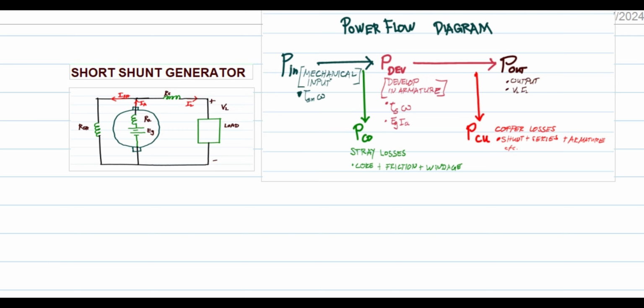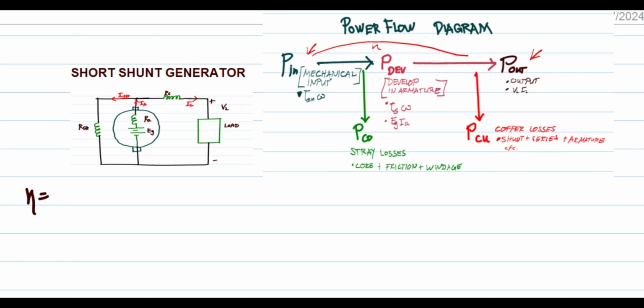What is missing is the overall efficiency, which is equal to P out over P in.